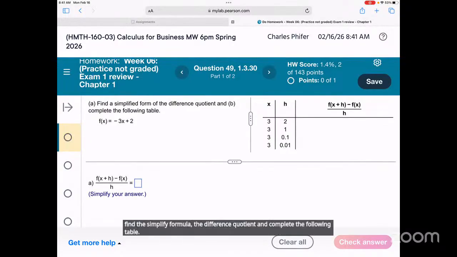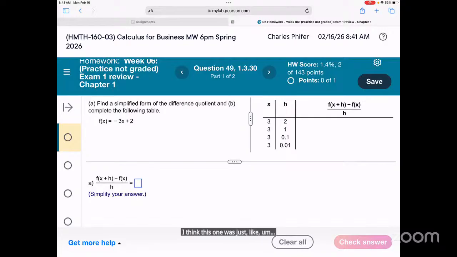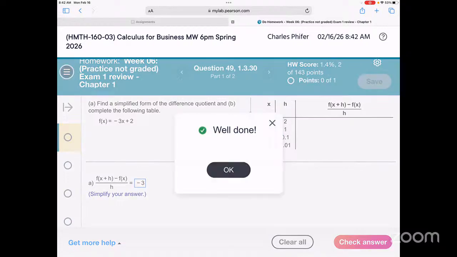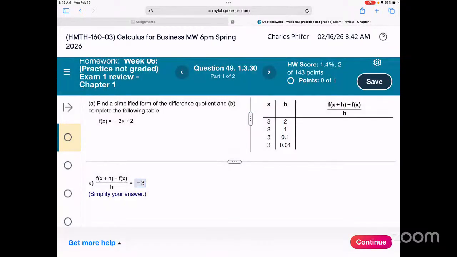I think this one was just -3. I spared the details here for the difference quotient; we'll likely have another one and I'll go into more detail.